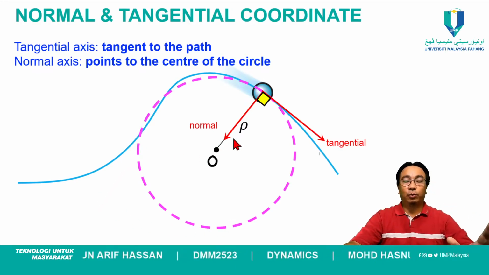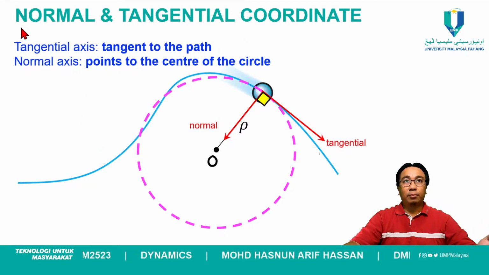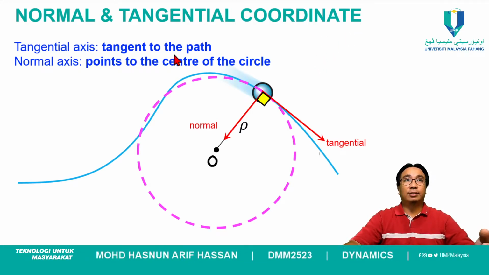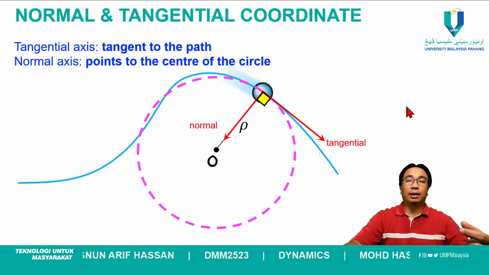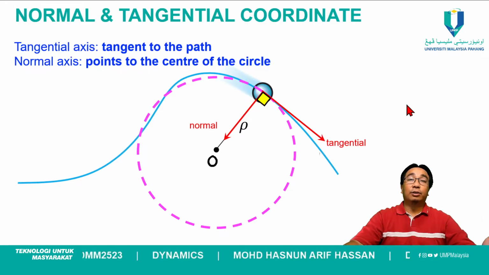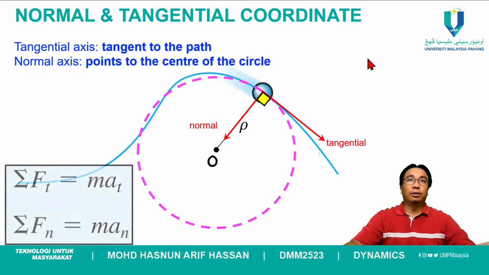So basically, we are going to use the same knowledge that we have learned in the first chapter, normal and tangential coordinate, and now we are going to apply the equation of motion in terms of normal and tangential coordinate.